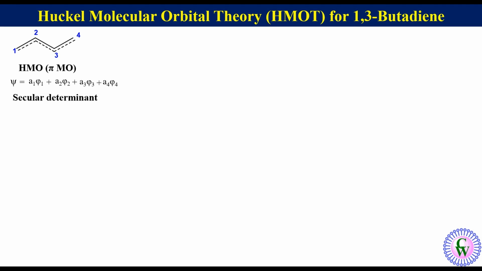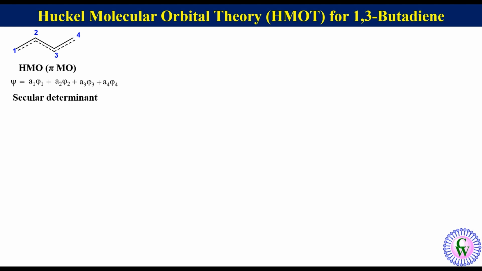Secular determinant. Formation of the secular determinant is a very important step. Since in 1,3-butadiene there are 4 carbon atoms across which pi electrons are delocalized, there will be a determinant of a 4 into 4 matrix.